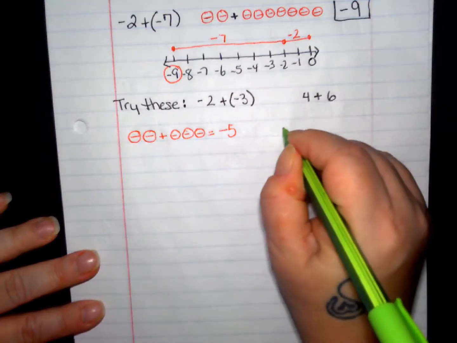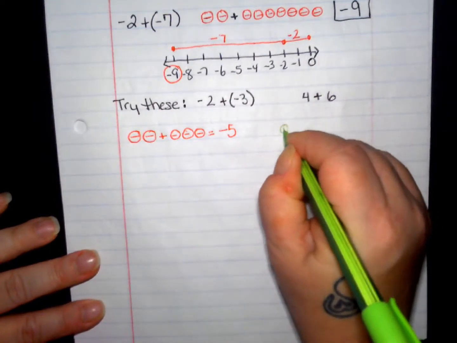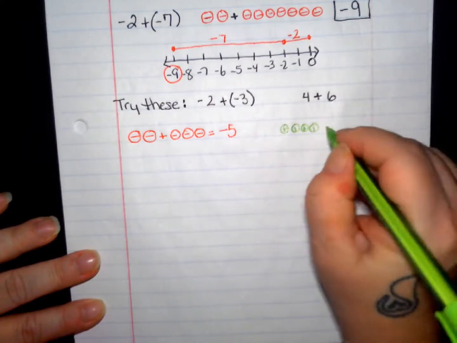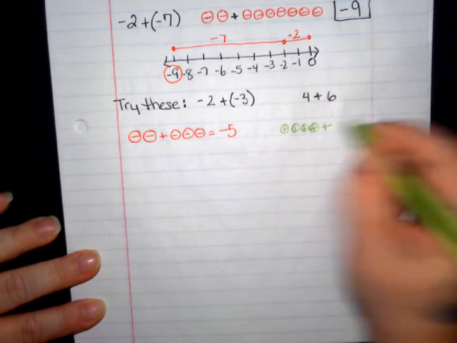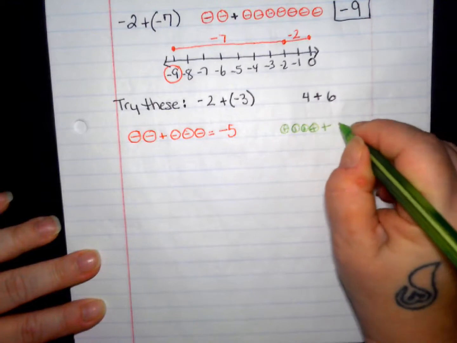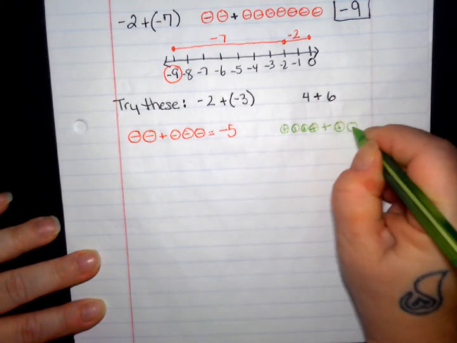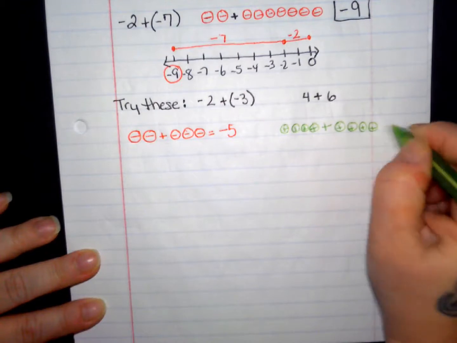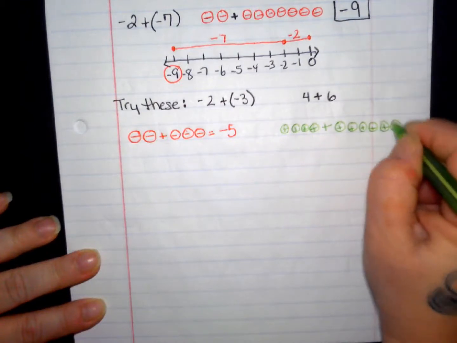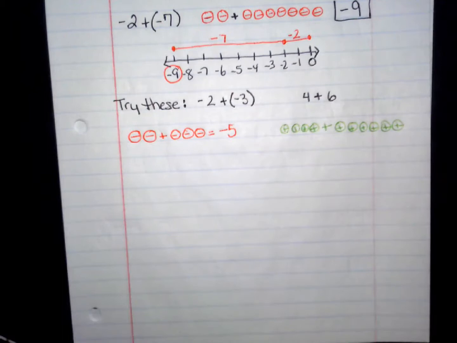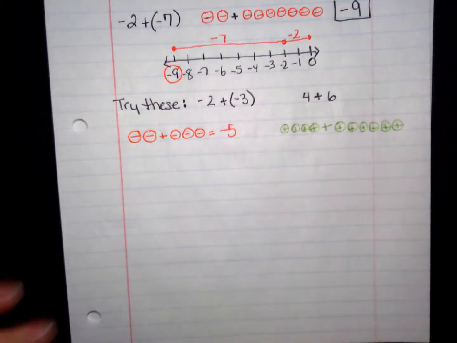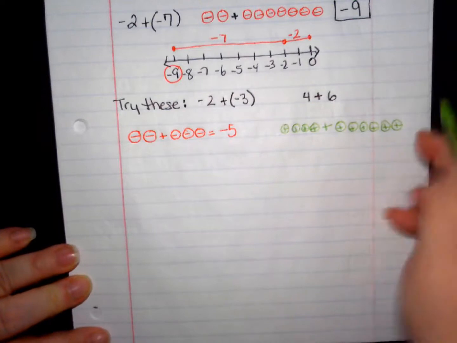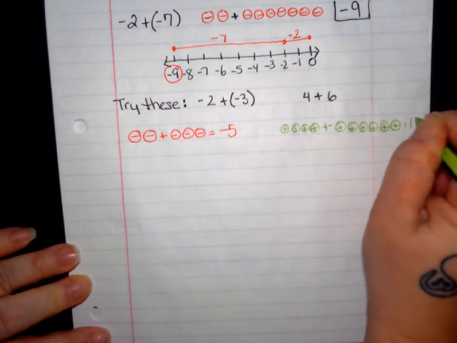I have +4 plus +6. Okay, so I've modeled it. So 4 plus 6 equals 10.